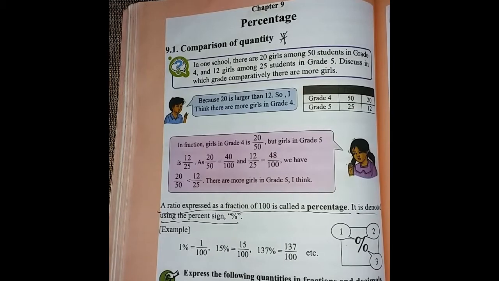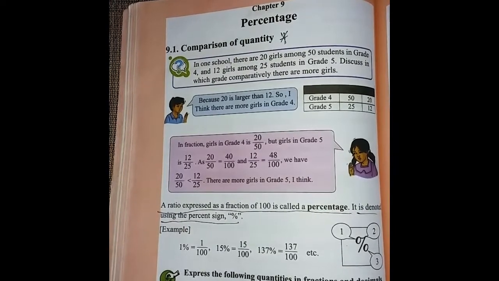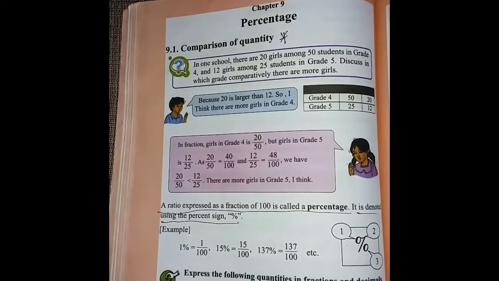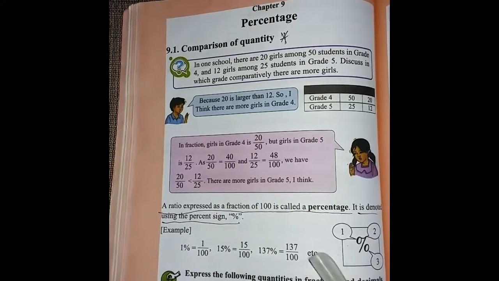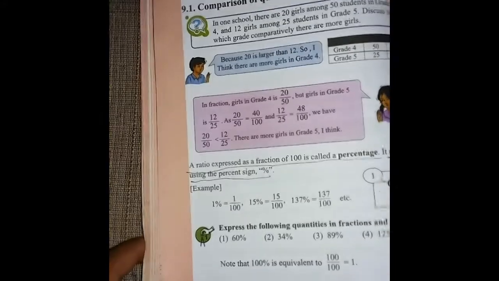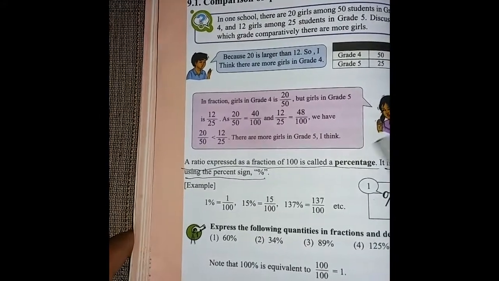And if I take Maimuna, Maimuna spent 18 taka out of 40 taka for tiffin expense. So then we have to find out the percentage. Then we can compare Noor and Maimuna that way. So if you want to compare, first of all we have to find out the percentage.